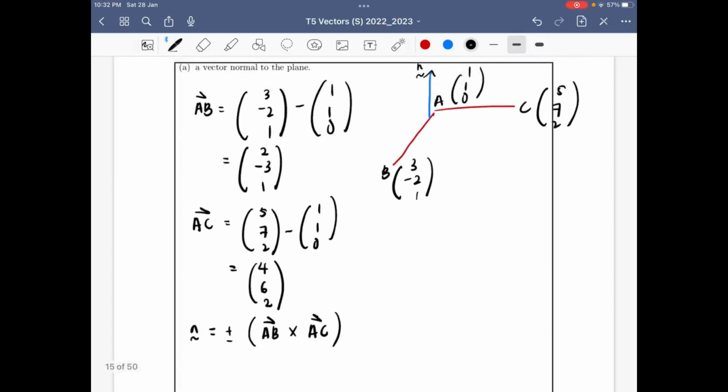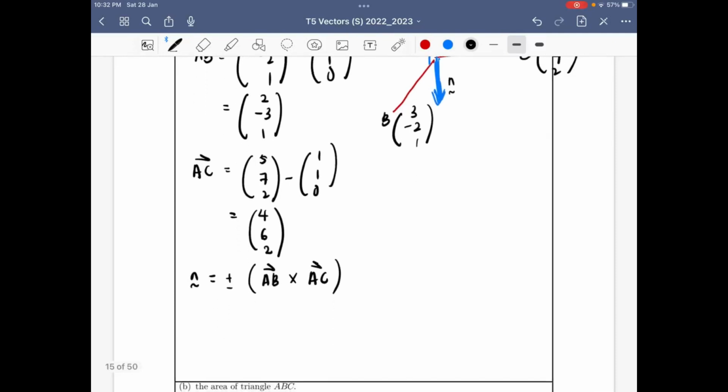Normal vector can be positive or negative. It can be either in the same direction or opposite direction. Either one is accepted. So we should have 2 choices, either positive or negative. Plus minus. How to find AB cross AC?